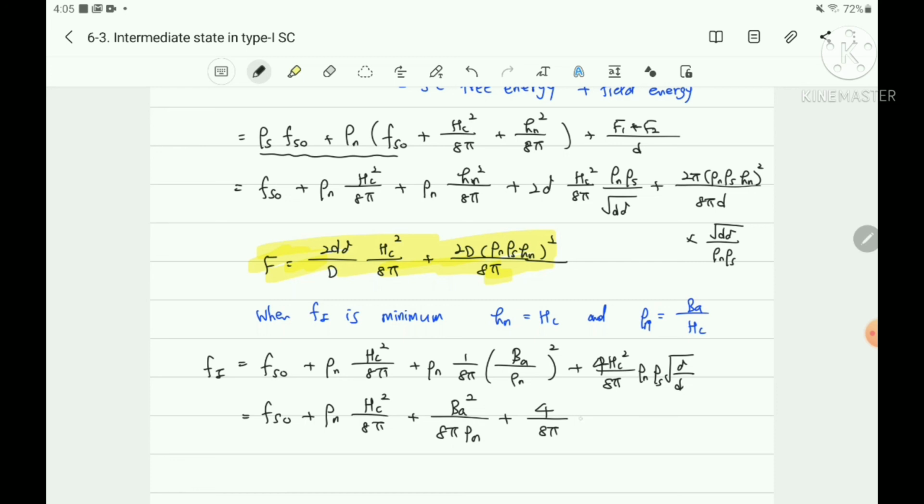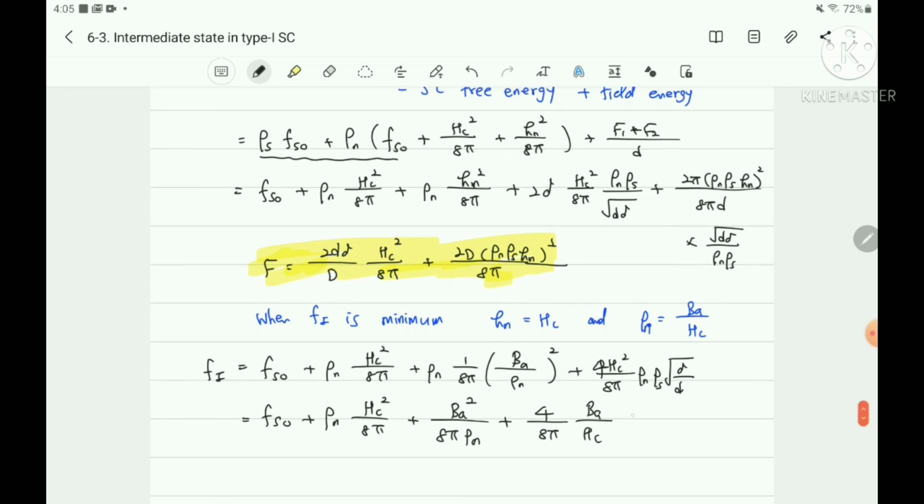Rho n is Ba over Hc, and rho s is 1 minus rho n, and also square root delta over D. It is a function of rho n and rho s, and also Hc square. Then it cancels Hc. Okay, BaHc.